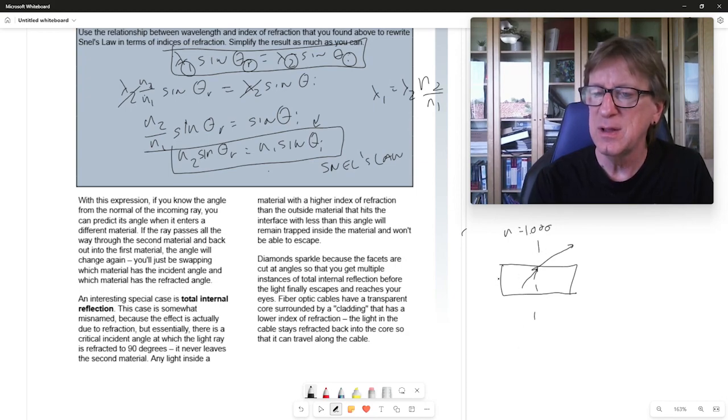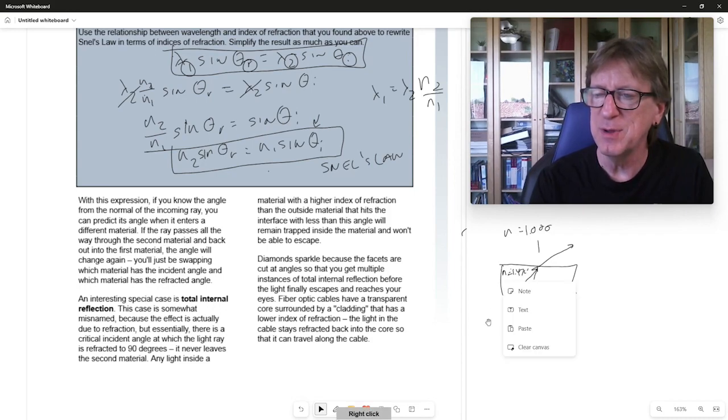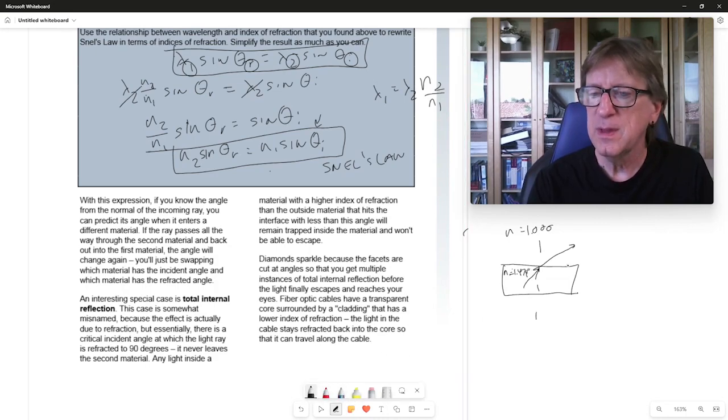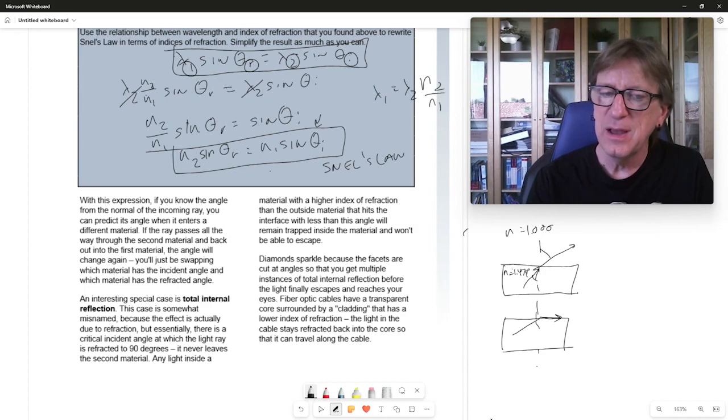Let's say that's air. And this might be Pyrex, or more fun, it could be diamond. Then it's going to get refracted away. So remember, it's always going to be smaller inside here. There's going to be an angle at which, when I come in here, it's going to be trapped inside. And that's called total internal reflection, which is terribly misnamed because it has nothing to do with reflection. It's refraction that's coming into play here.